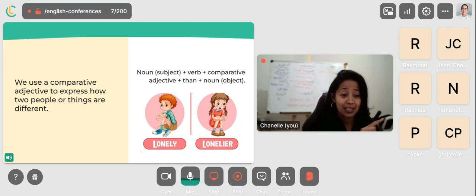So an example would be, she is lonelier, that is our comparative, than him or than the neighbor. So the comparative would be lonelier with the word than. But we will look at the structure a little bit later.